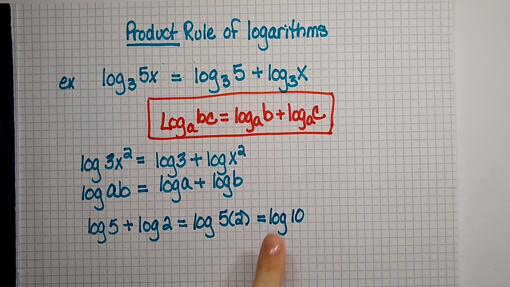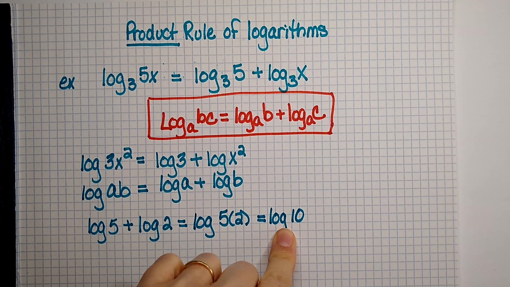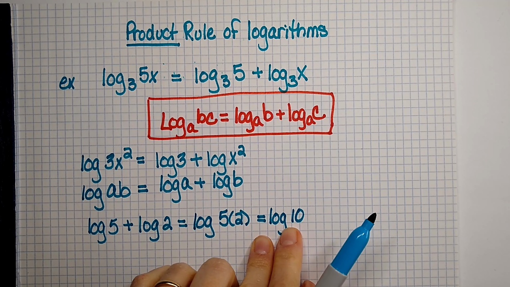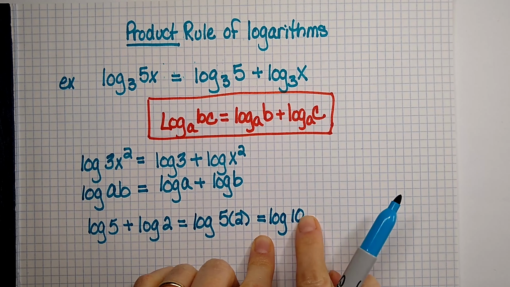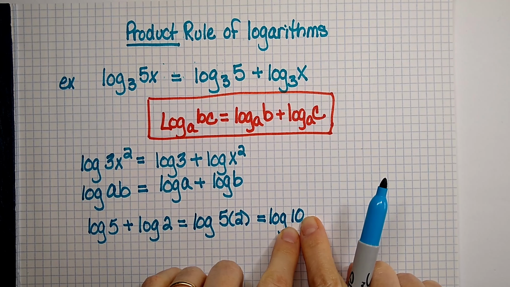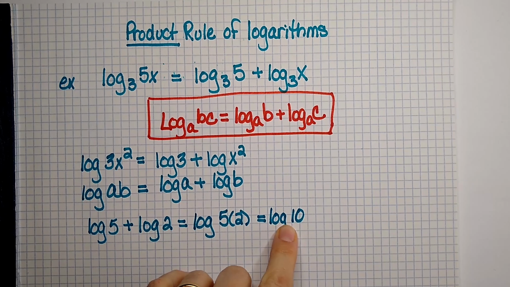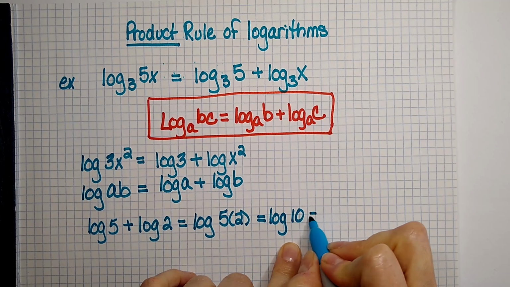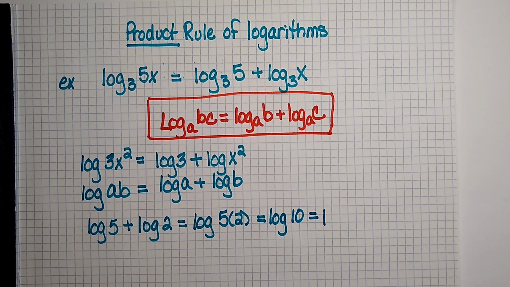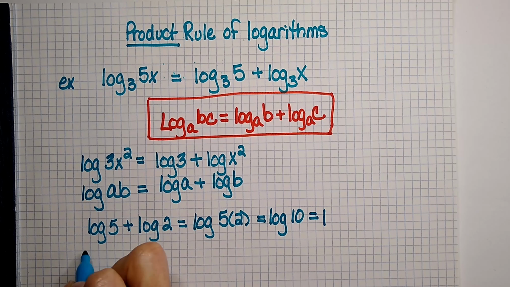Okay? And actually, do you know what the answer to that is? If this is base 10 and it is log of 10, what power of 10 gives me 10? The answer to this is 1. If you doubt me, you can check on your calculator. Let's go ahead and do another one of these.